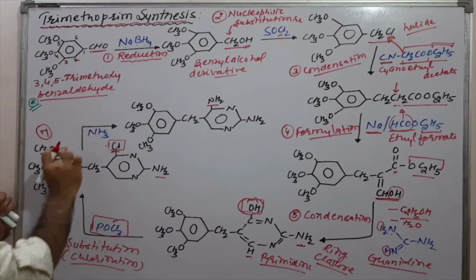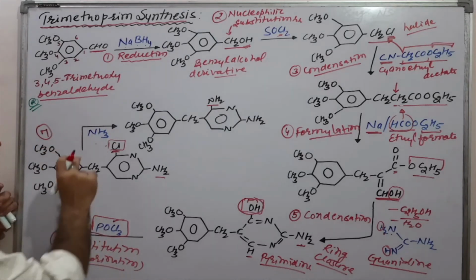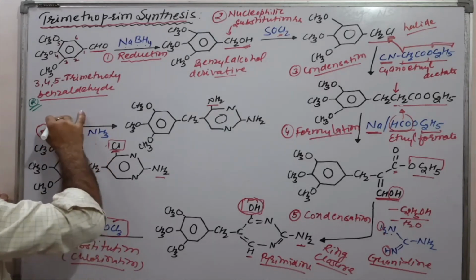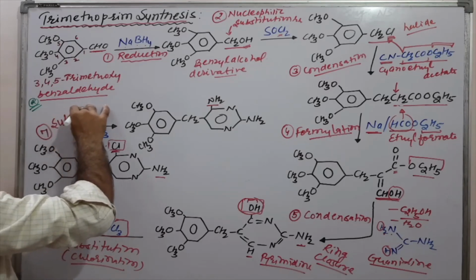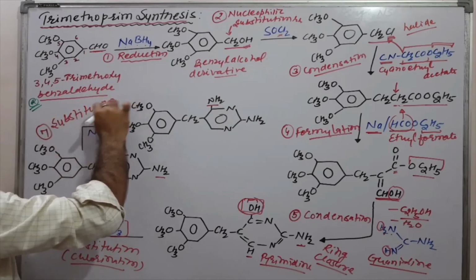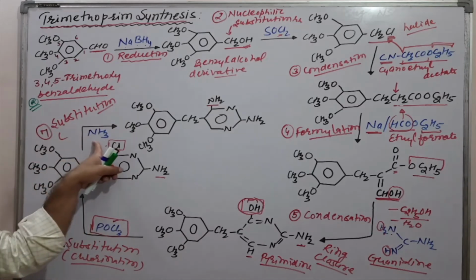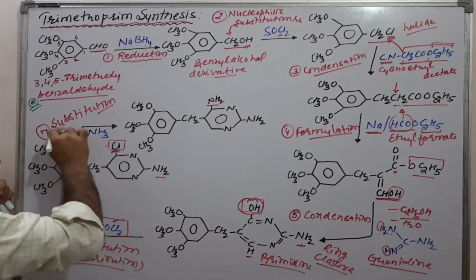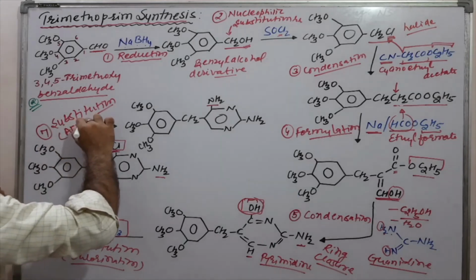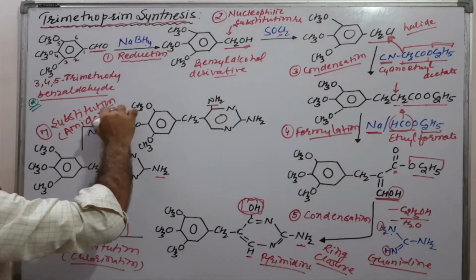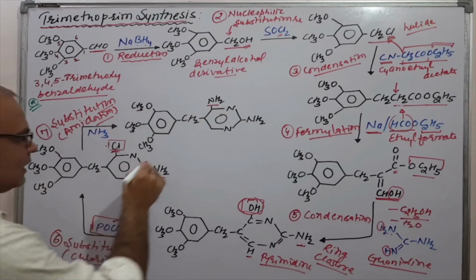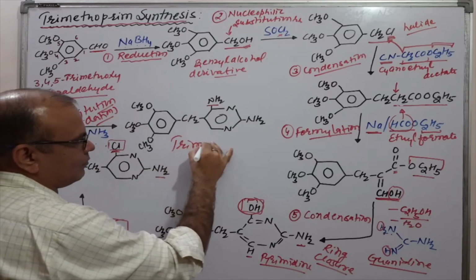Reaction number 7 we can easily correlate, that is simply a substitution reaction, and we can also say ammonia reaction, that means amidation. This reaction is amidation. Okay, this is simply our drug, trimethoprim.